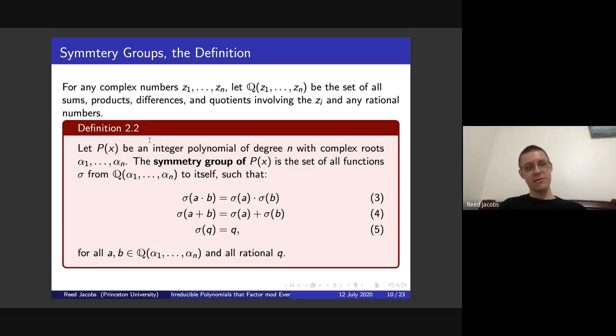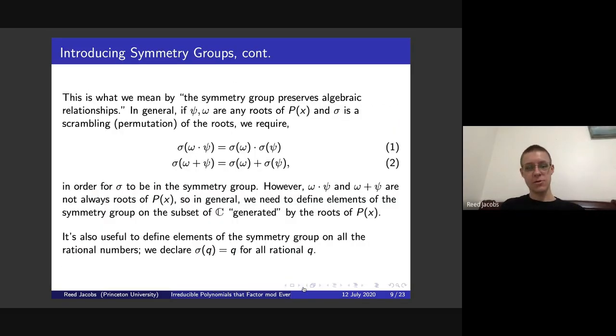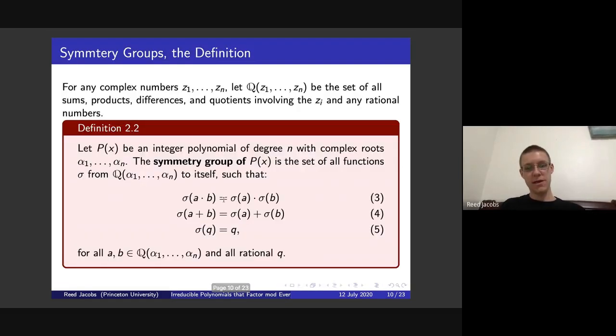And so we define: let P of x be an integer polynomial of degree n. Its complex roots are alpha 1 through alpha n. The symmetry group of P of x is the set of all functions sigma from this set, the set generated by the alpha i, to itself, that satisfy all the requirements on this page. So we require sigma of a times b equals sigma of a times sigma of b.